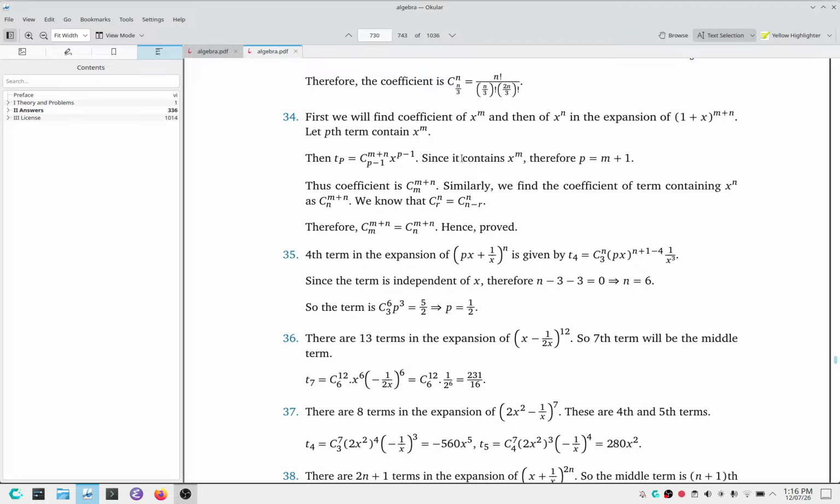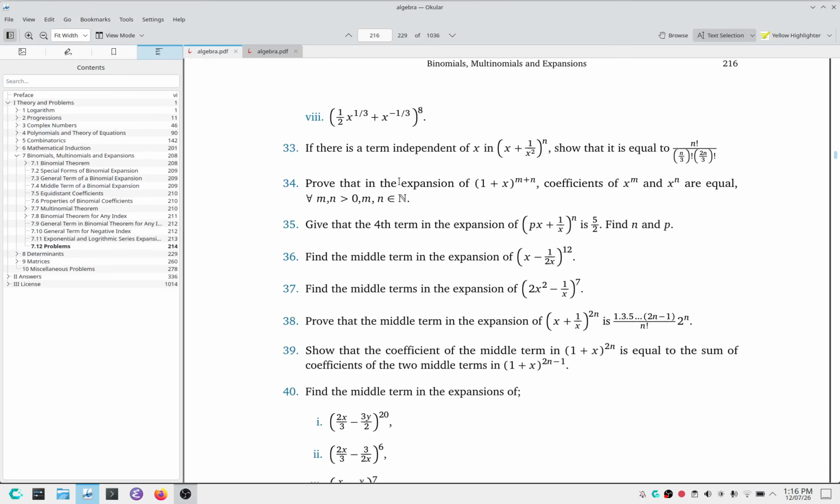Now assume that it contains x raised to the power m, then p is equal to m plus 1, and the coefficient is (m plus n)Cm. Now let's say that the rth term contains x raised to the power n, then here r is equal to n plus 1. So the coefficient will be (m plus n)Cn. And we know that (m plus n)Cm is equal to (m plus n)Cn. And thus we have proved this.